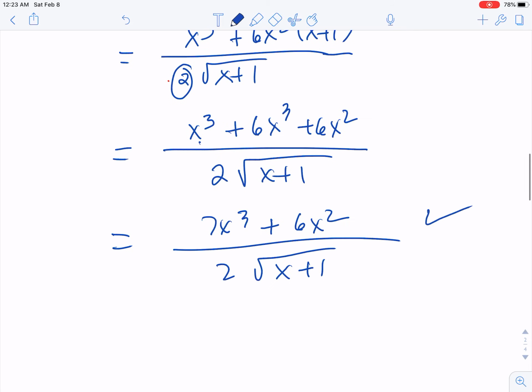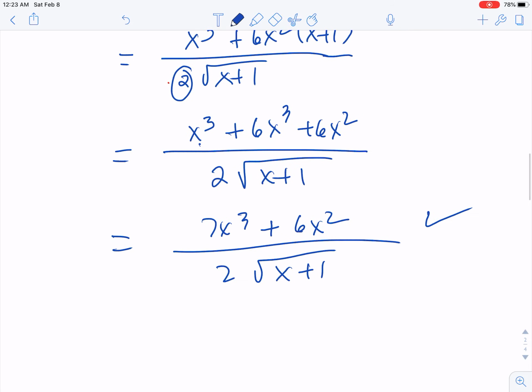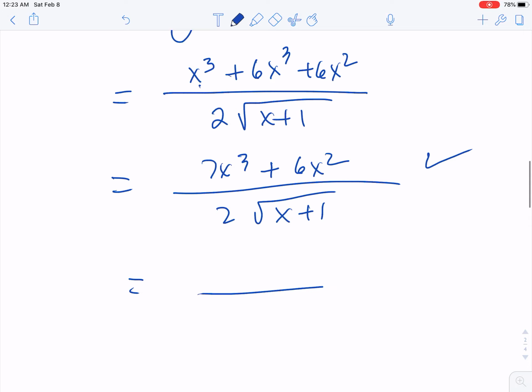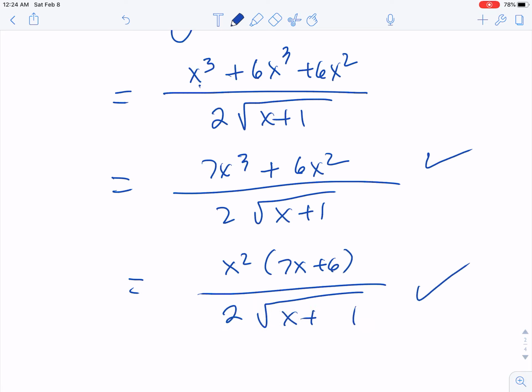So, this is already correct, pero kung gusto nyo pwedeng i-factor out yung x squared. So, x squared times (7x plus 6) over 2 times square root of x plus 1. And both are correct. No? So, I would give you full points, whichever is your answer. This one or this one.